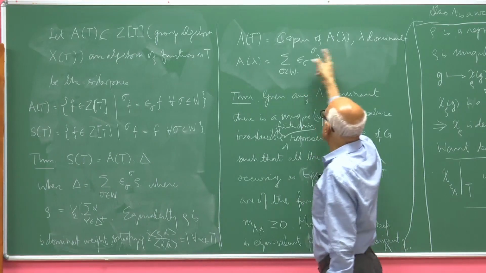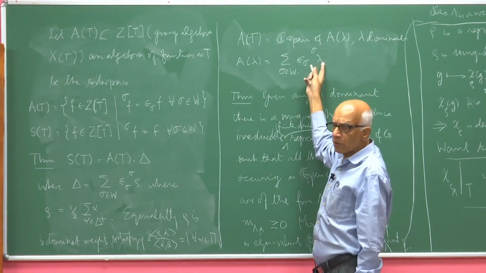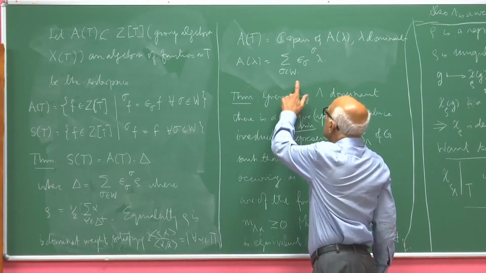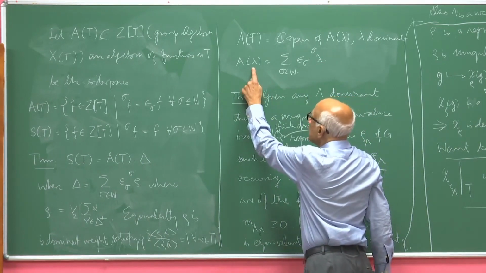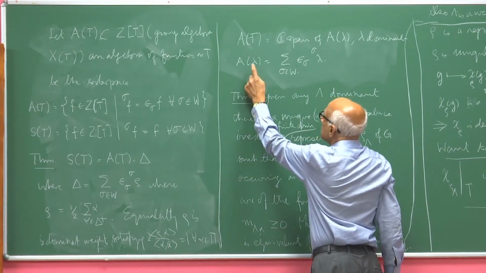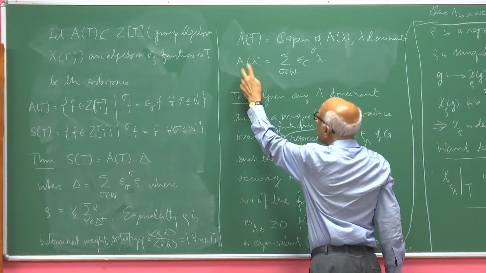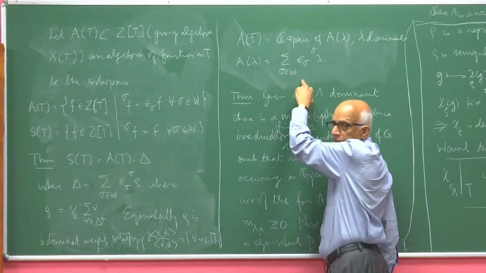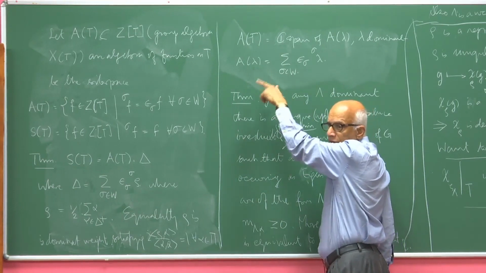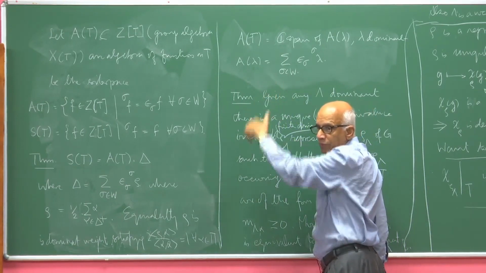For every weight you can do this, in particular for dominant weights. Notice that when you take a mu in the orbit of the dominant weight under the Weyl group, then A lambda equals A mu up to sign, depending on the element of the Weyl group which takes lambda to mu.